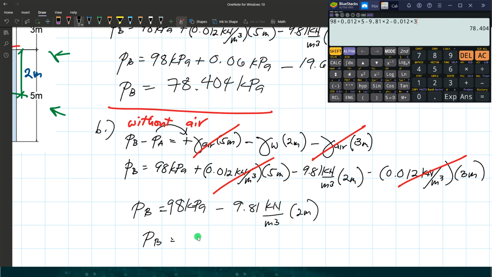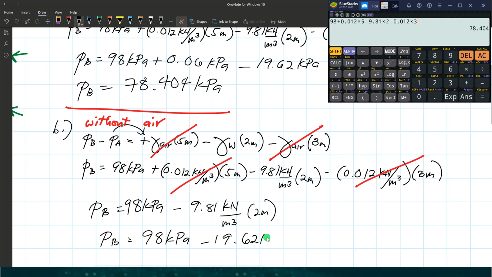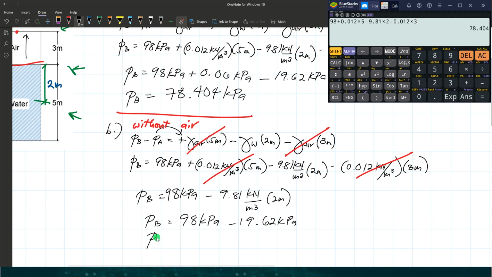So the pressure at B is 98 kilopascal minus 19.62 kilopascal. So the pressure at point B is 98 minus 19.62, 78.38 kilopascal. That's the answer for letter D.